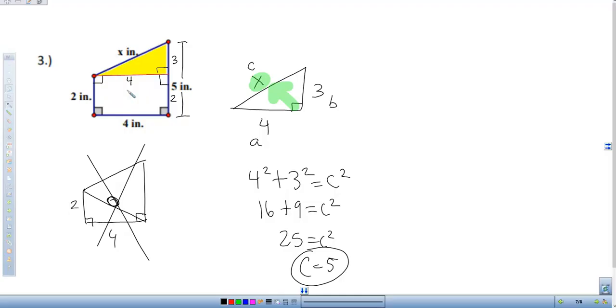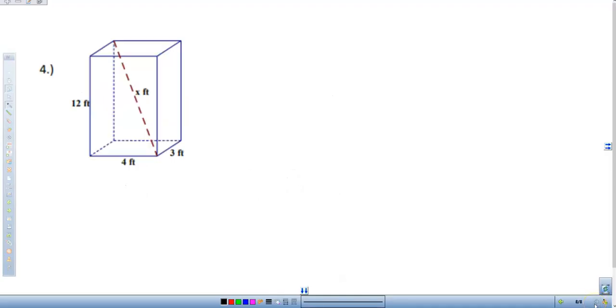All right, here we go. And the last example of these notes is, in this case, we'd like to find the length of that diagonal, from one corner of this rectangular prism to the other. The reason this is an application of the Pythagorean theorem is because I'm going to take a look at the right triangle that exists inside of this prism.